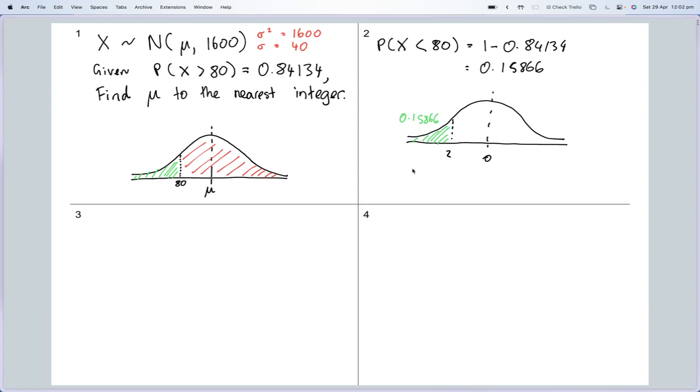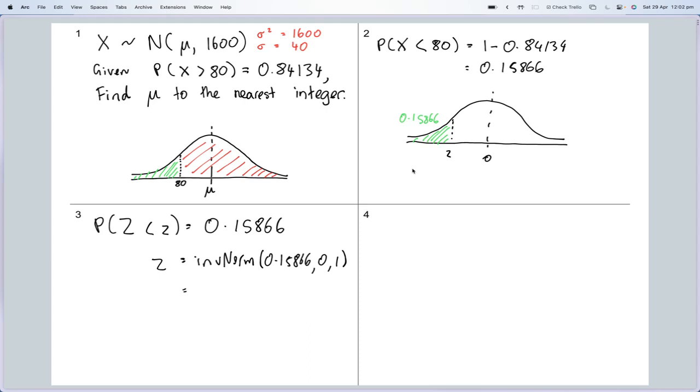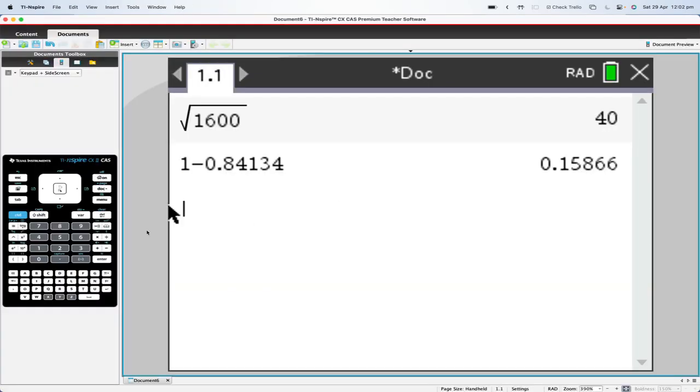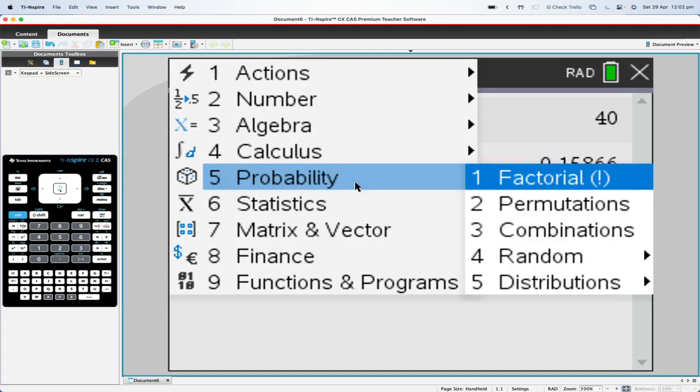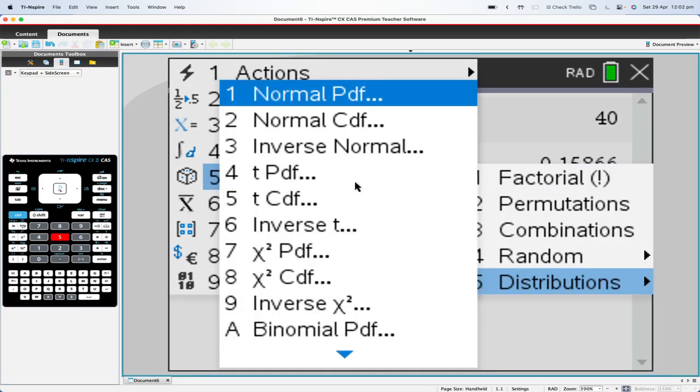So P of Z less than little z equals 0.15866 means that z is equal to inverse norm of 0.15866, 0, 1. Away we go to our calculator: menu, probability, distributions, inverse normal.